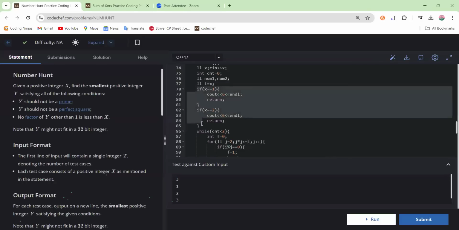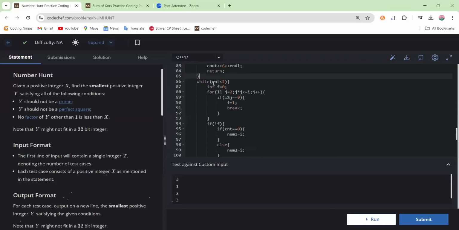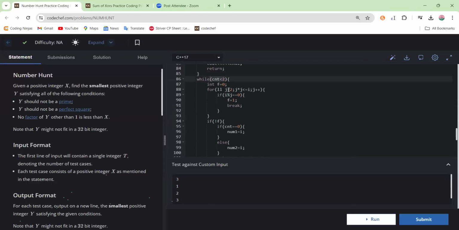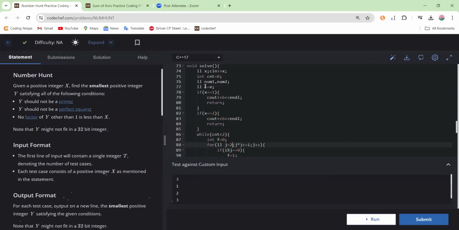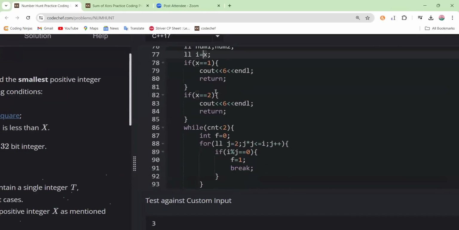Just wrote two conditions for x equals 1 and x equals 2, though not necessary, but I wrote this during the contest. Now, while the number of prime numbers that I got is still less than 2, I need to look for prime numbers, isn't it? The prime numbers starting from i equals x. That is, all the prime numbers that I am looking for should be greater than or equal to x, isn't it? That is why I am searching for prime numbers from i equals x.